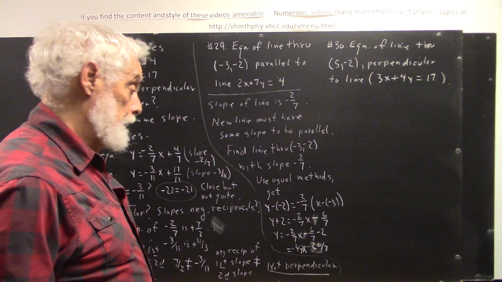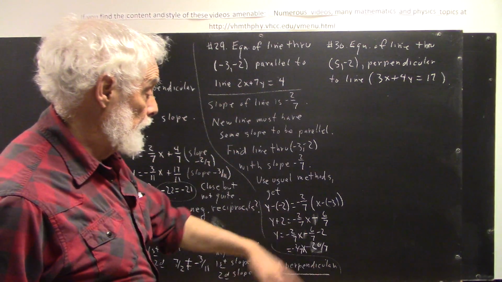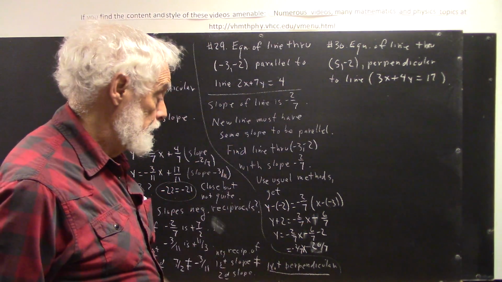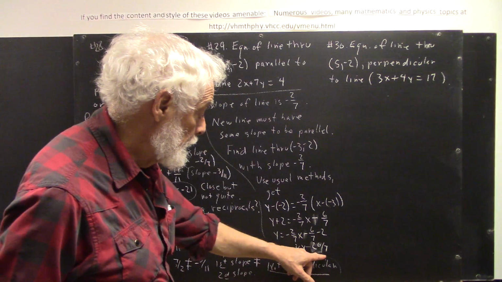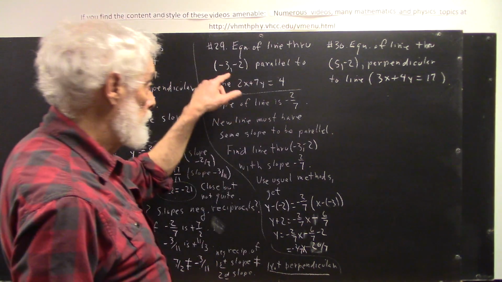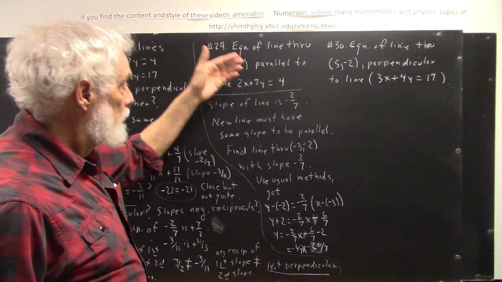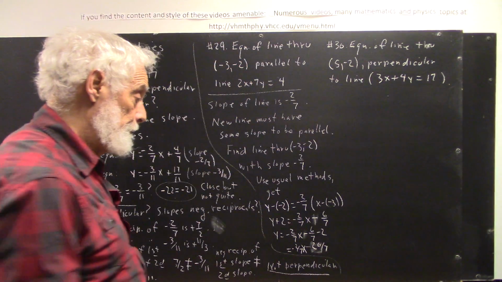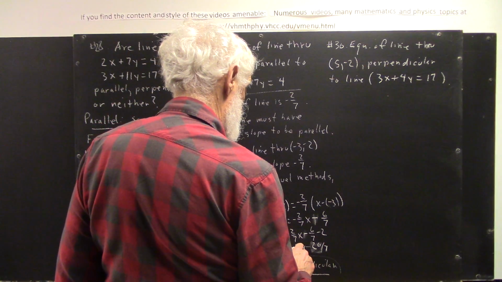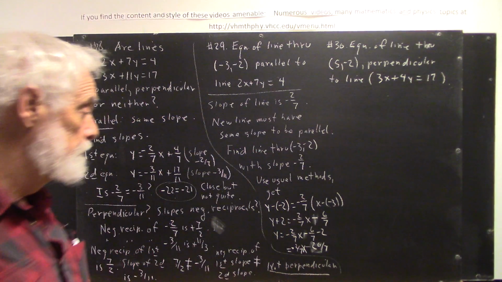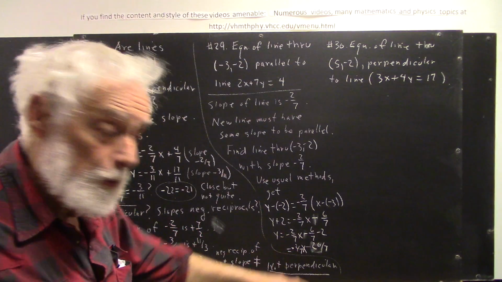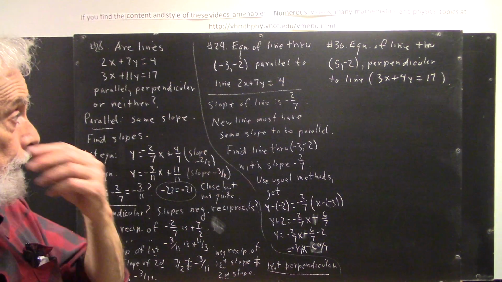So there we have it again, emphasizing the need to check. We check this equation to see if it contains this point, and we look carefully to make sure the slope is equal to the slope of this line. And then we can be more confident in our solution.